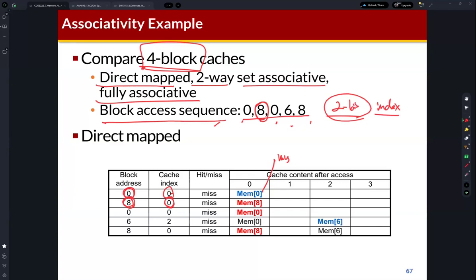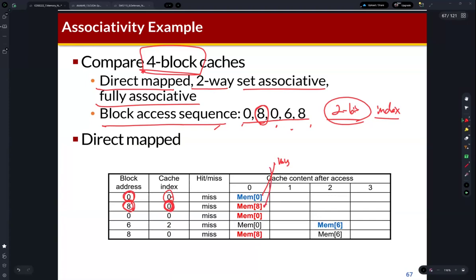In the direct mapped cache, because the cache index is 0, this data needs to be allocated to this cache block. But this cache block includes different data. So it's a miss, and it will allocate the new data block.